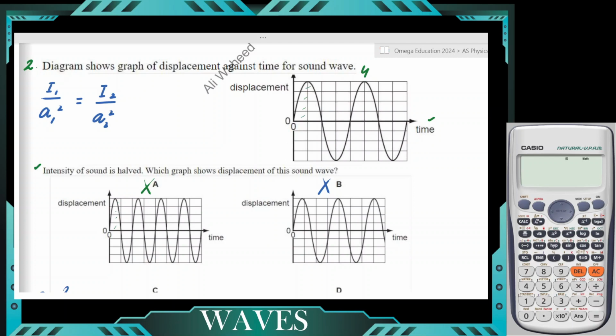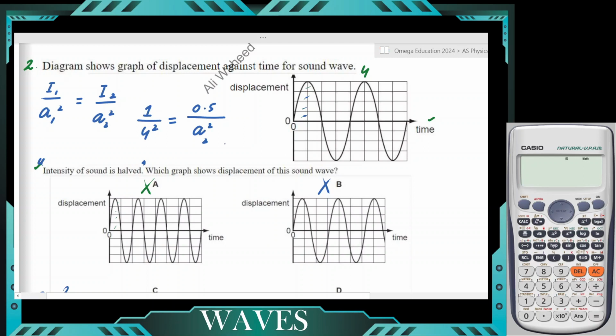So let's say the previous intensity was 1 and the previous amplitude was 4, 1, 2, 3, 4 blocks, and then we have to take the square because we have a square in the formula. What is I2? It's the new intensity, and the intensity of the sound wave is halved. So half of 1 would be 0.5, divided by A2 squared as it is, because we need to find the new amplitude.